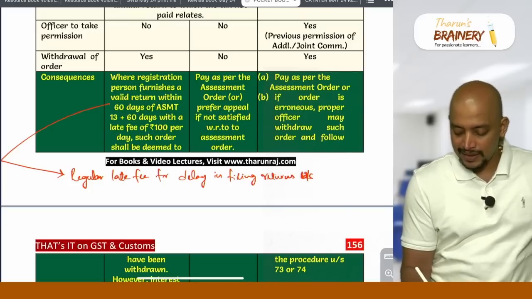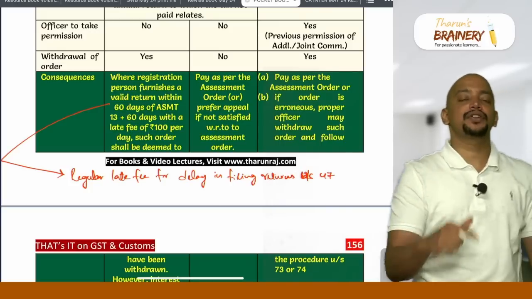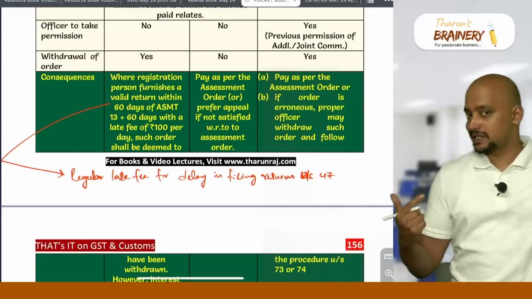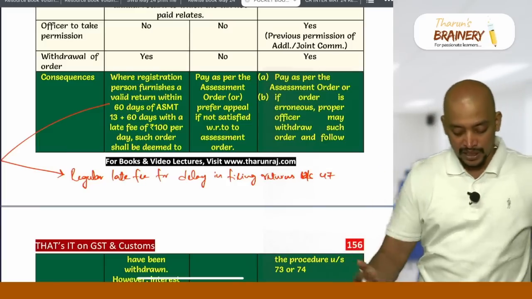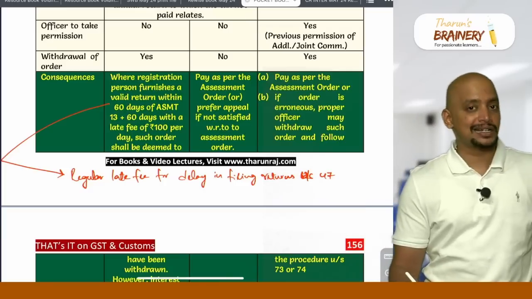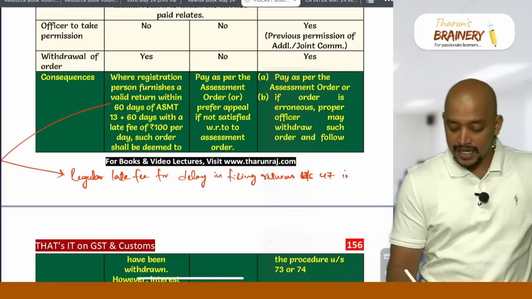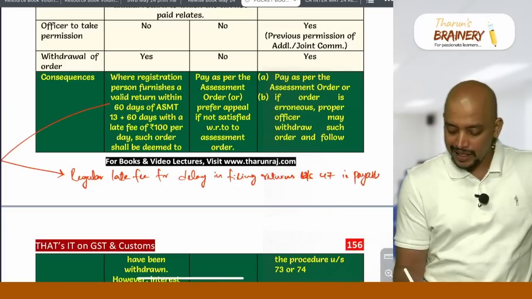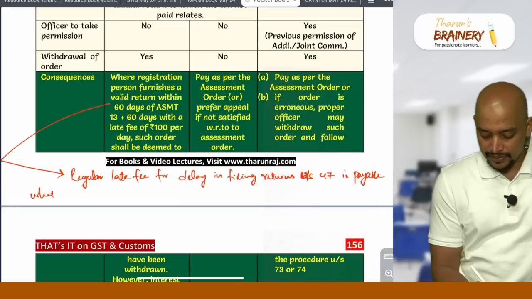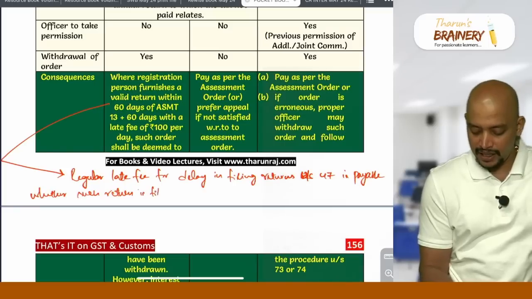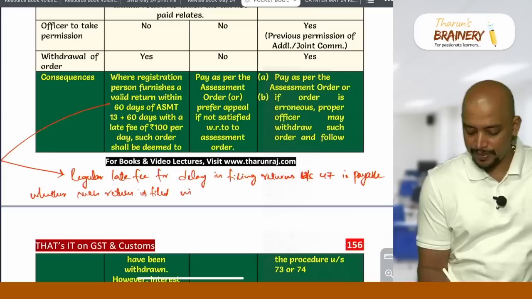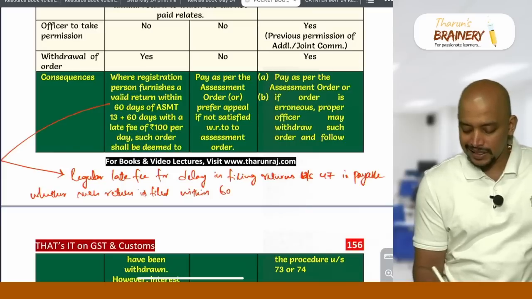Under section 47. So there is one section 47 which talks about the late fee. You can refer to that section 47 in the book. We have discussed it in the returns chapter. So the regular late fee for delay in filing returns under section 47 is payable whether such return is filed within 60 days or beyond 60 days.